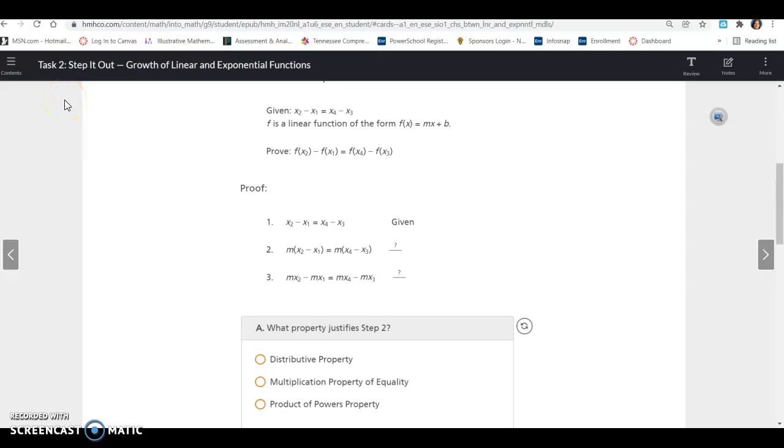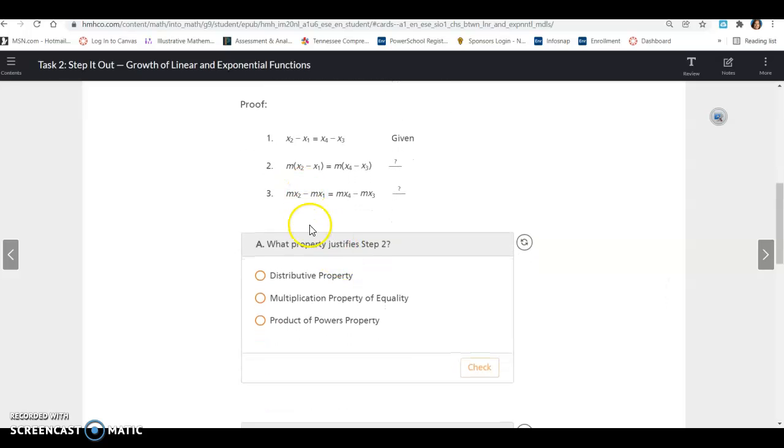So we've got x2 minus x1 equals x4 minus x3. So this was given information. All right, and what they're going to do is multiply both sides by m. So you can see all they did was put what's already here in parentheses, and they're going to multiply both sides of the equation by m. So it says, what property justifies step 2?